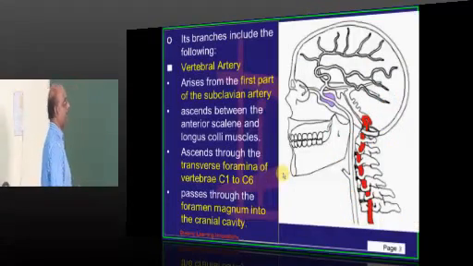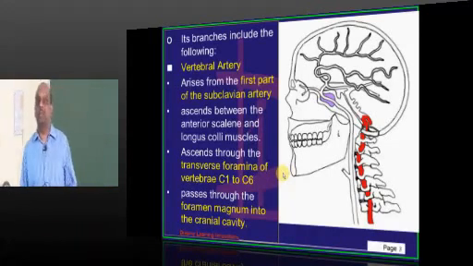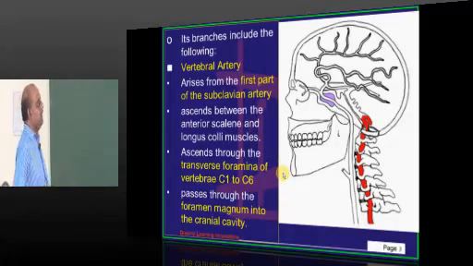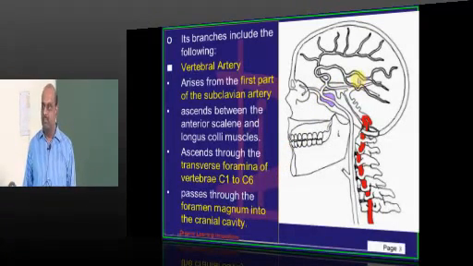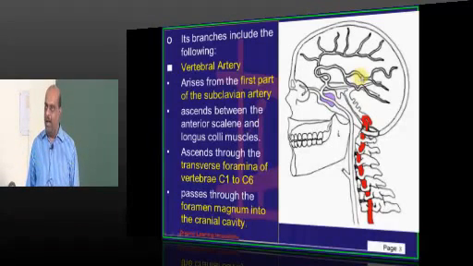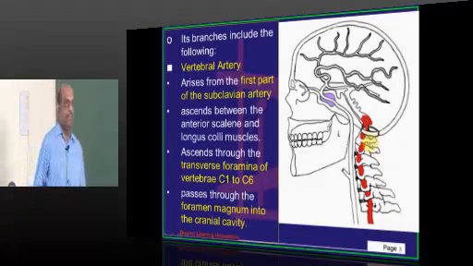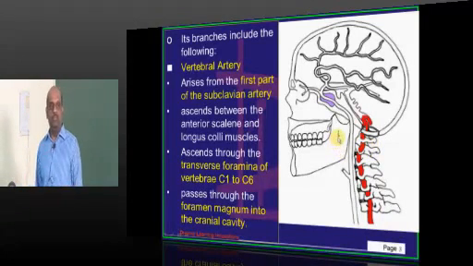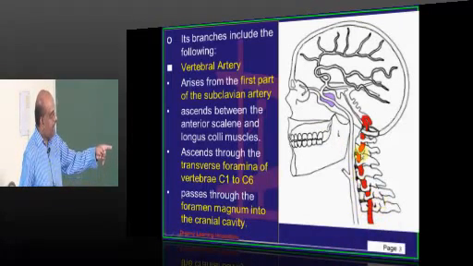Now doctor, what are the branches of the subclavian? A very, very important branch is the vertebral artery. From the first part of the subclavian it will be arising. First let us review everything about the vertebral. How does it basically pass, doctor?